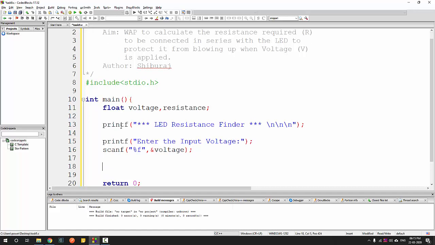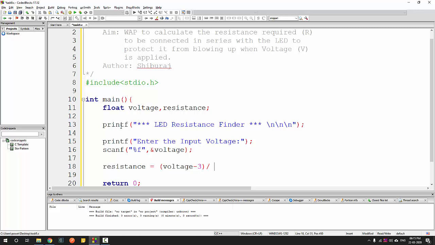Okay, once that is done, now I can write the formula for resistance. Resistance is equal to V, that is voltage, minus 3. So this is inside brackets, and then divided by the value of I, and I here is 20 milliamps.